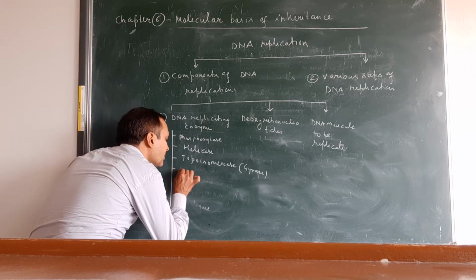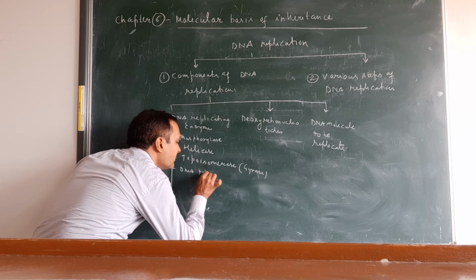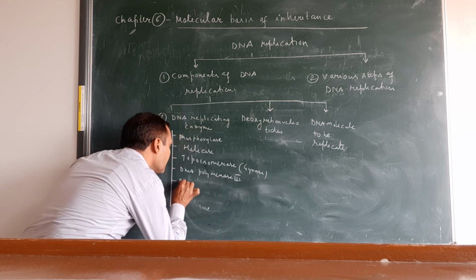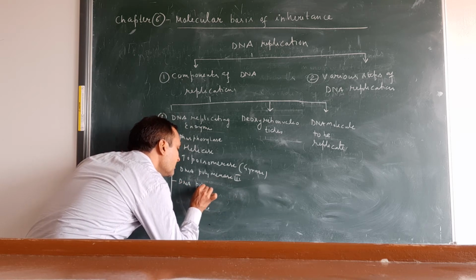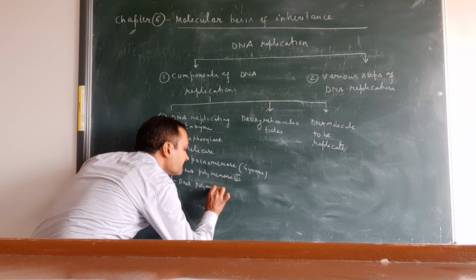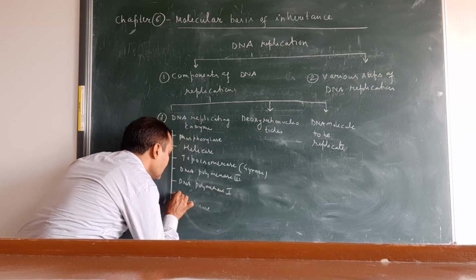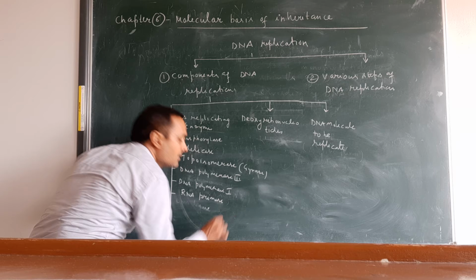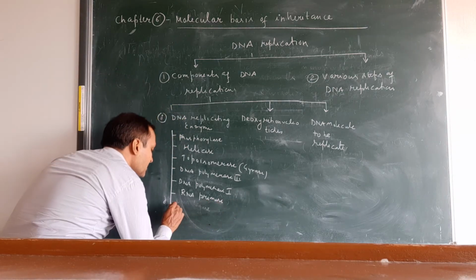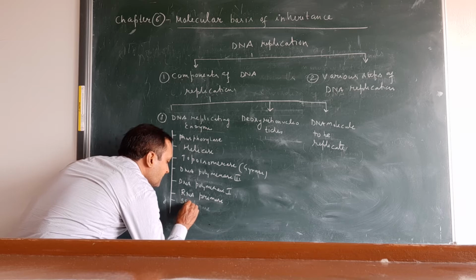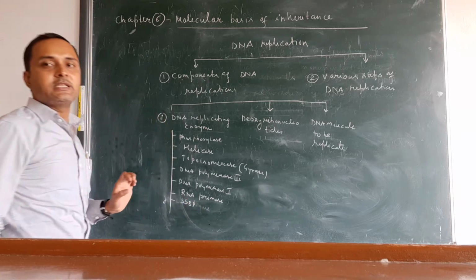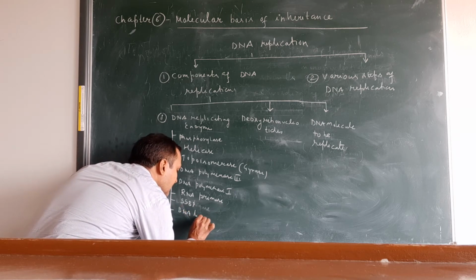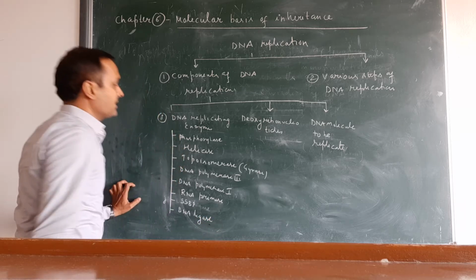Next, DNA polymerase III. Next, DNA polymerase I. Next, RNA primase. After RNA primase, SSBP, which stands for single stranded binding proteins, and the last enzyme, DNA ligase. So the total number of enzymes that help in DNA replication is 8.